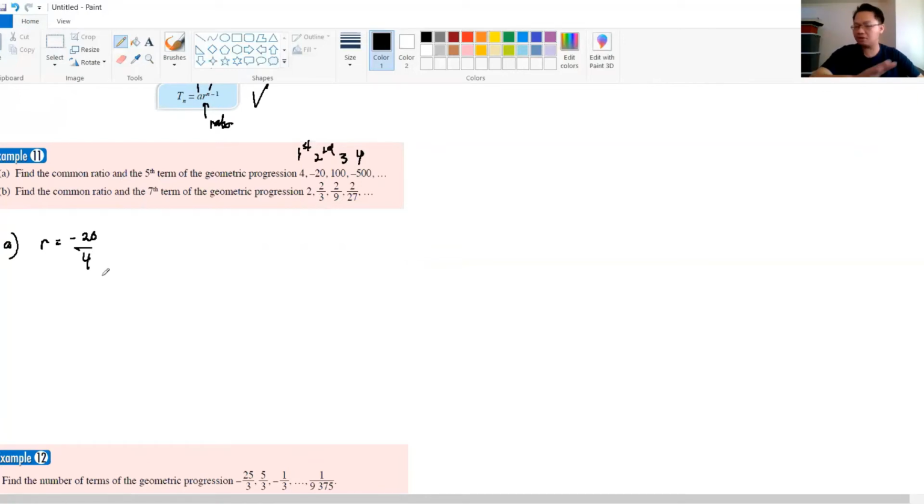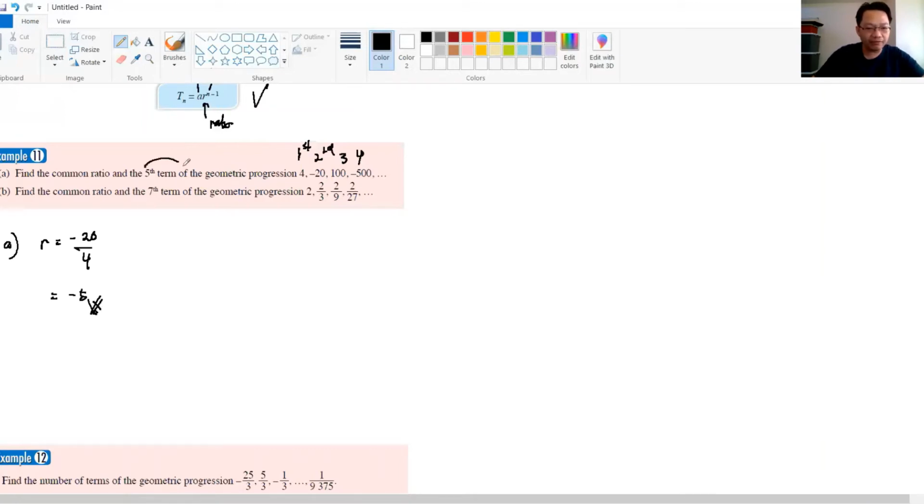Just do it once only. Do not do the second divided by first and then check again with fourth divided by third. No need, because this is already a GP, as the question already mentioned. No need to prove. So, negative 20 divided by 4, we are supposed to get negative 5. That is your r. Settle, 1 mark.